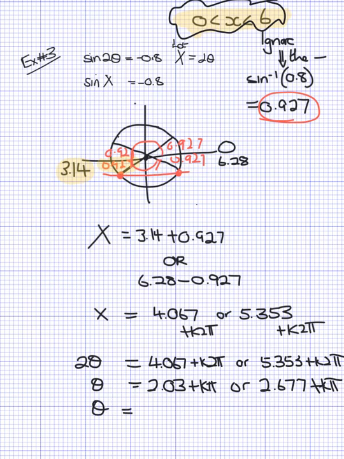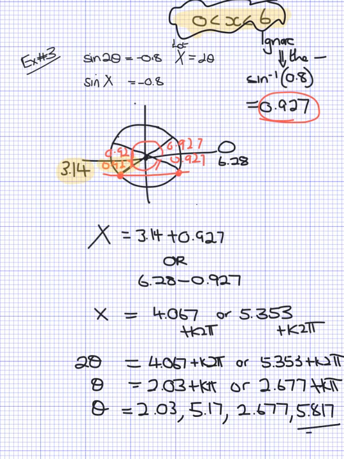So theta is going to equal 2.03, then that plus 3.14 is going to give me 5.17. So that's all good. That's between it. And then if I go 2.677 and I add 3.14 to that, I get 5.817, so that's also okay.